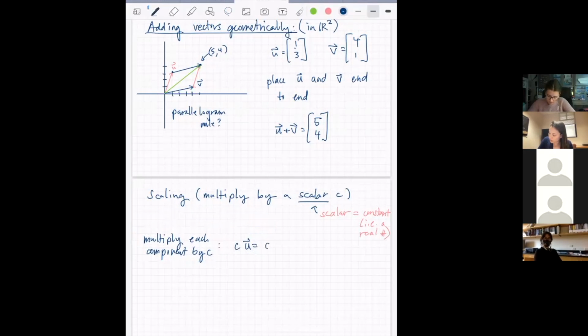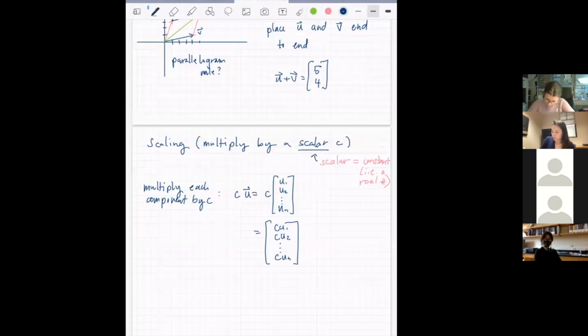Say our vector u has entries u1 up to un. We multiply each of those by c. So we get c u1, c u2, all the way up to c un.